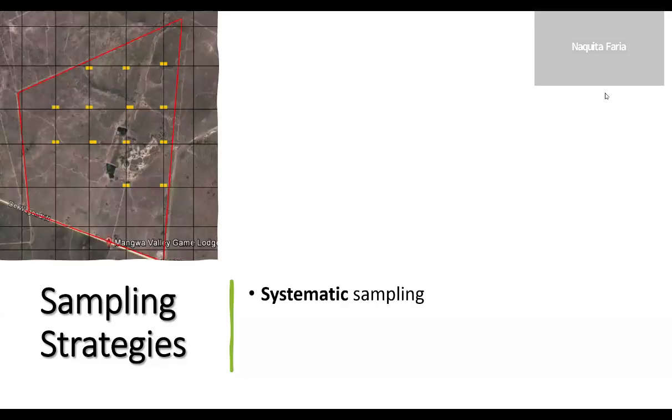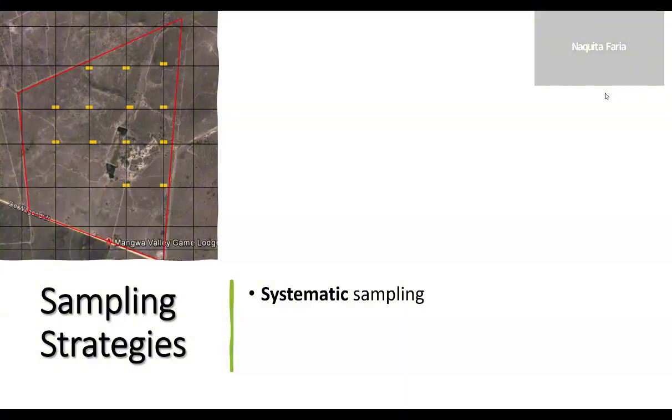Okay, so obviously with vegetation as well as mammals, we get various sampling strategies. The first being systematic sampling. Systematic sampling is when we have regular or systematic intervals, and these are usually fixed intervals. So if we have a look at this picture, you can see it's been gridded out.